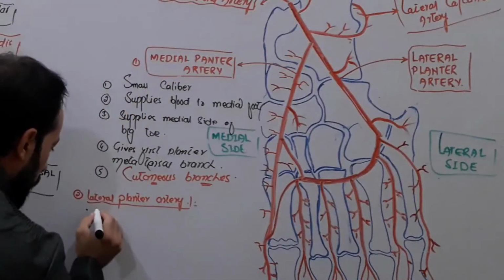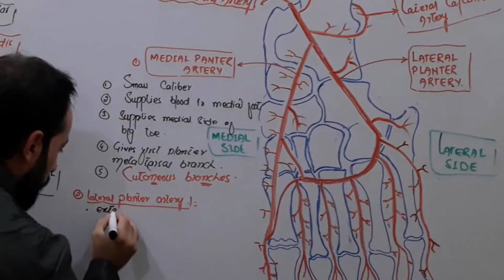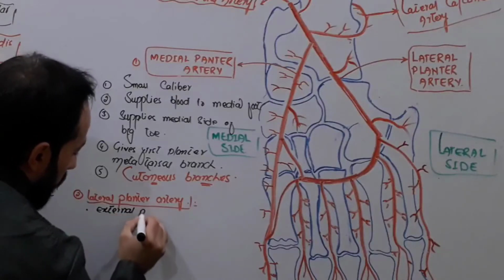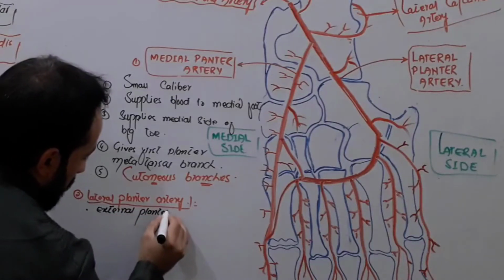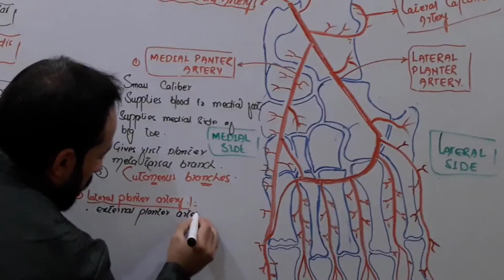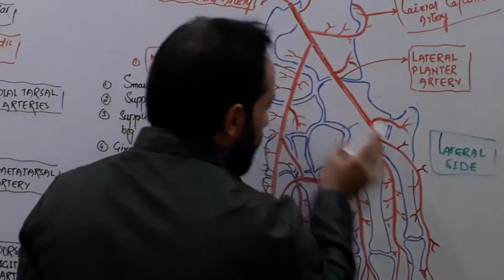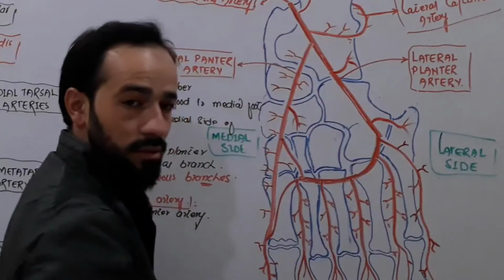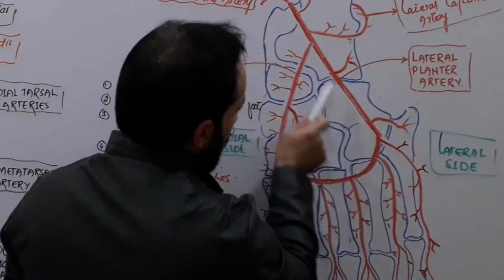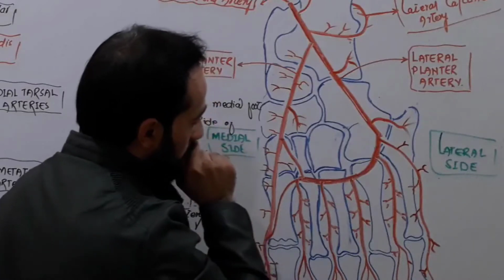So it can be called the external plantar artery. Why? Because it goes a little externally or a little laterally in the plantar surface of the foot. That's why we call it the external plantar artery, right?